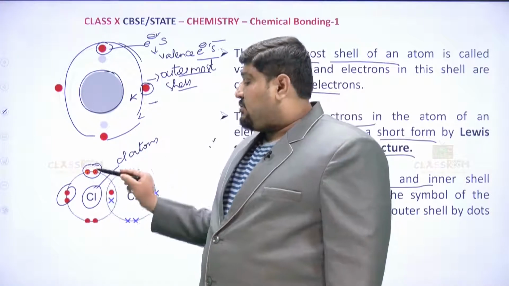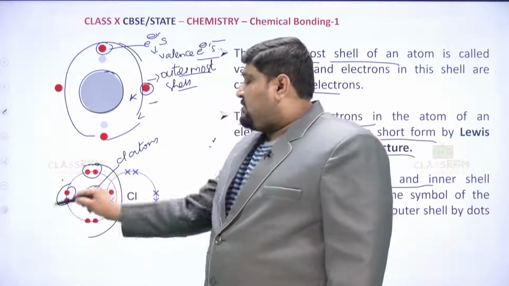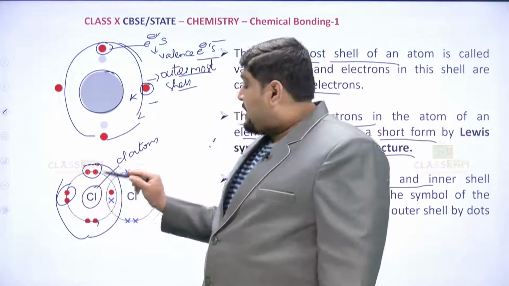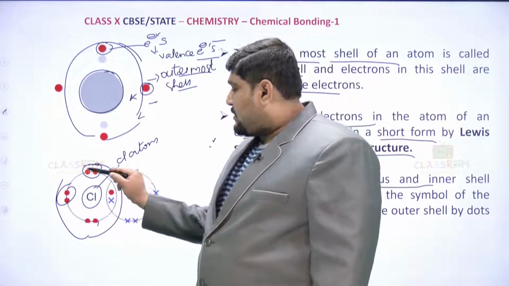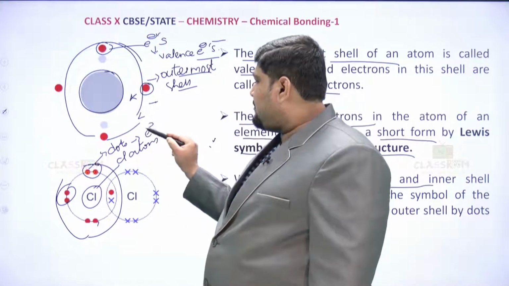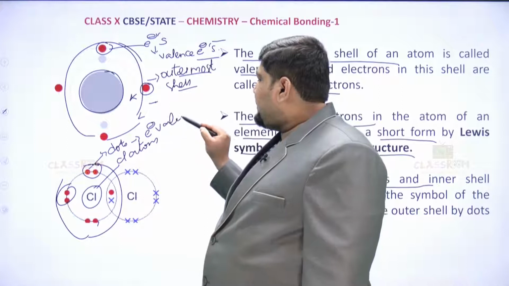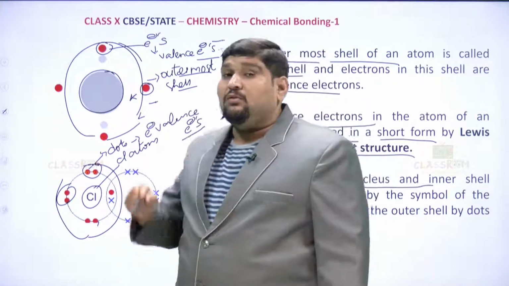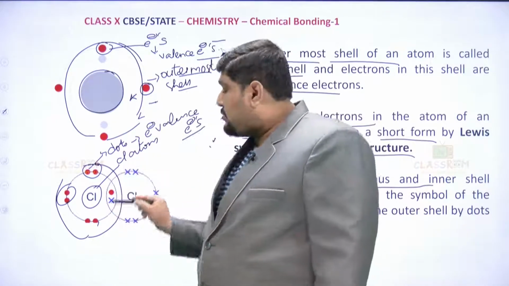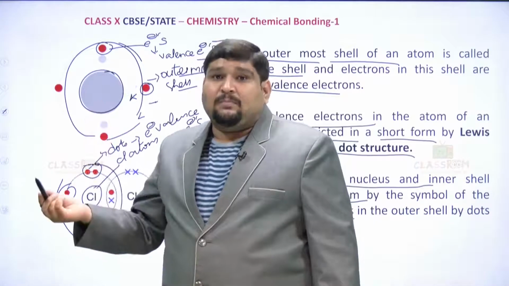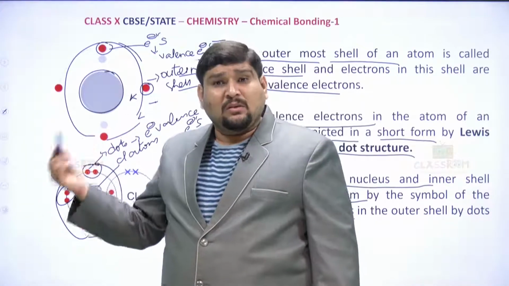The number of electrons present in the valence shell of the chlorine atom can be represented in the form of dots. These dots are nothing but your valence electrons, present in the outermost shell or orbit of that atom.